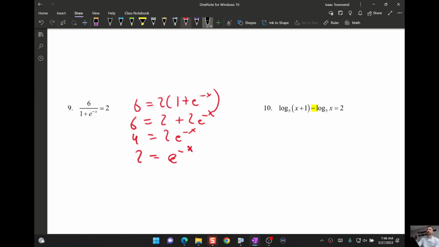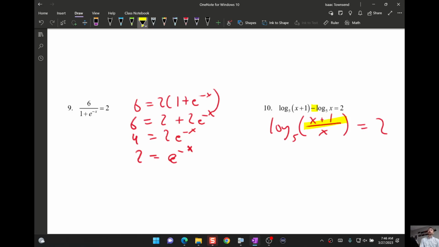So the key there, really the first thing you had to do, was condense with multiplication, or I'm sorry, not multiplication, division. Subtraction condenses into division. You could have at least done that before you had to get into more logarithm stuff.